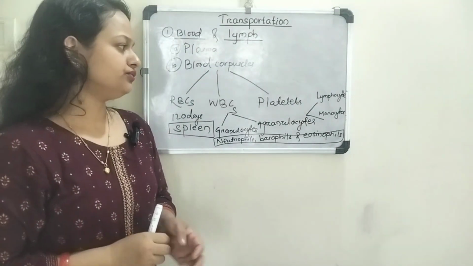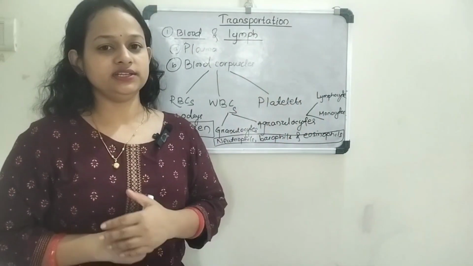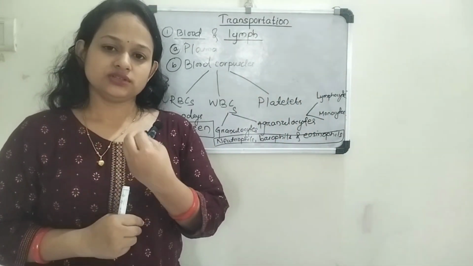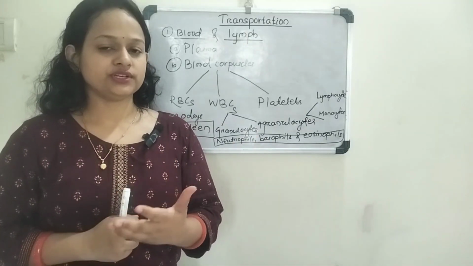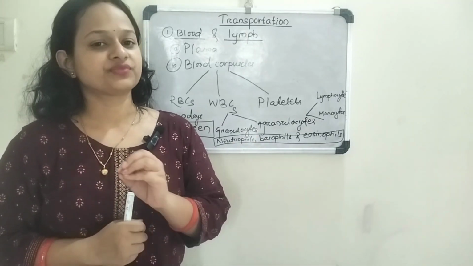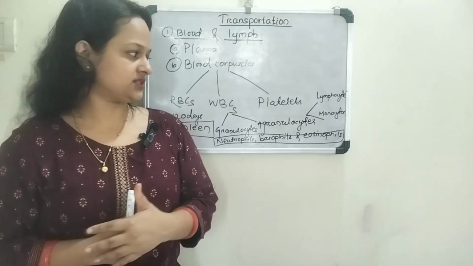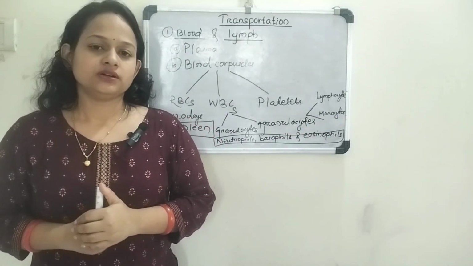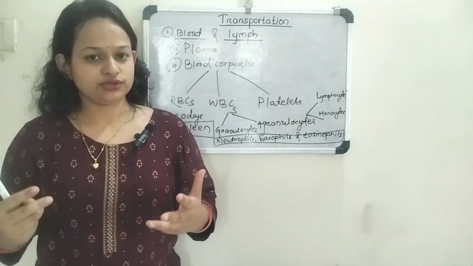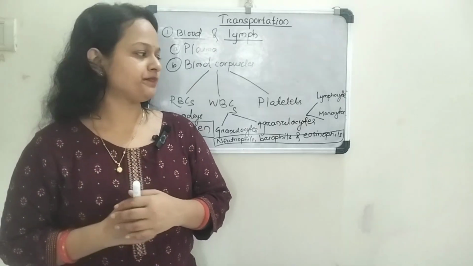The function of the lymphocyte is to give immunity to the body and protection against different types of germs and infections. And the monocyte also helps in the killing of different types of foreign pathogens.